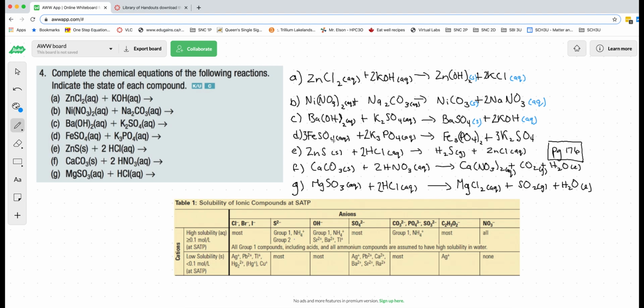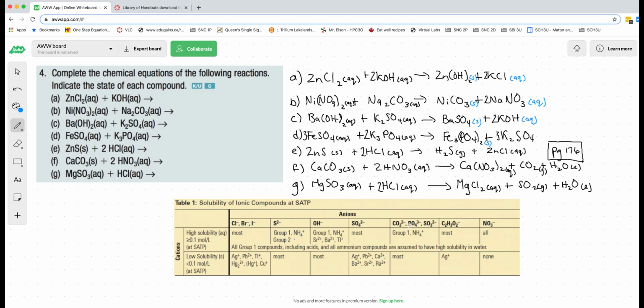Iron 2 sulfate and potassium phosphate. So iron is going to switch with the potassium and form iron 2 phosphate, whereas potassium will be potassium sulfate. Now let's check phosphate. And iron 2 is not in group 1, nor is it ammonium, so it falls under the most category. It's low solubility, so it gets an S beside it.